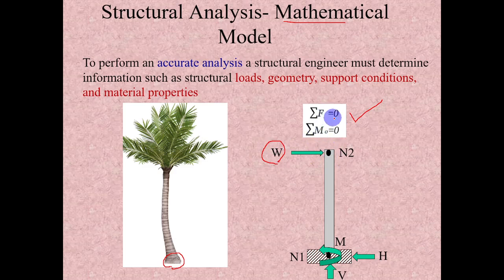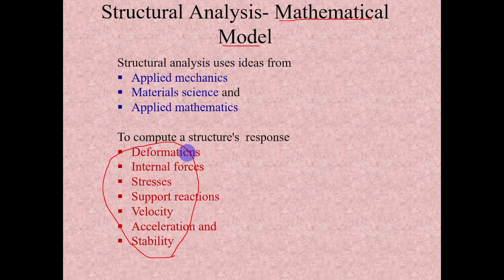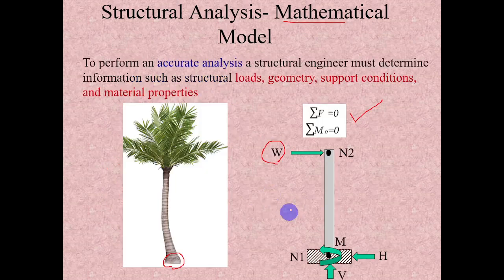With the help of the equilibrium equations, sum of forces equals 0 and sum of moments equals 0, we can get all these internal forces we have seen: deformation, internal force, stress, support condition. If dynamic, then velocity, acceleration, and also stability, everything we can find out with the help of this mathematical modeling.